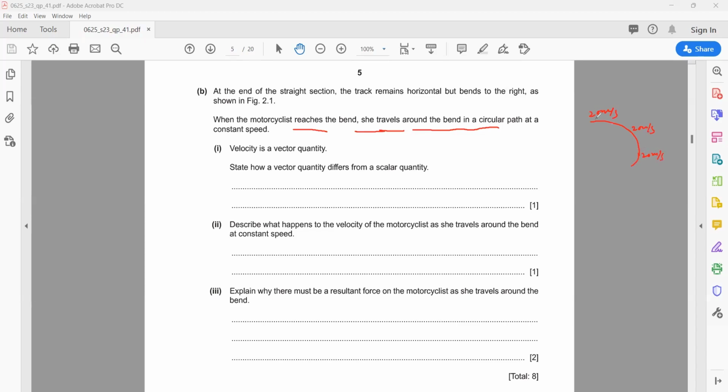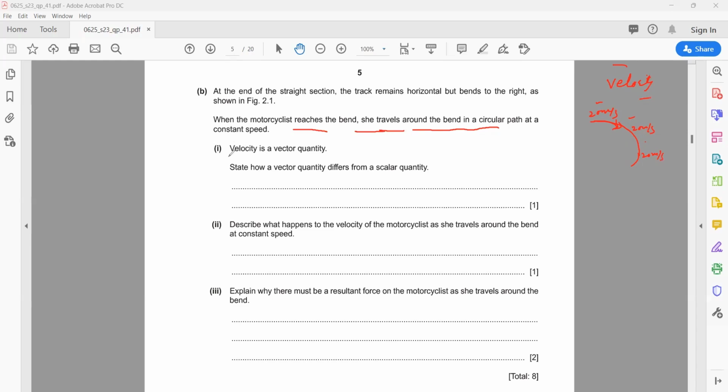But we studied that when the direction is changing, velocity is also changing. Because velocity depends on direction, in terms of speed, the speed is constant, but in terms of velocity, velocity is changing all the time because direction is changing all the time. So acceleration is also produced because the velocity is changed.